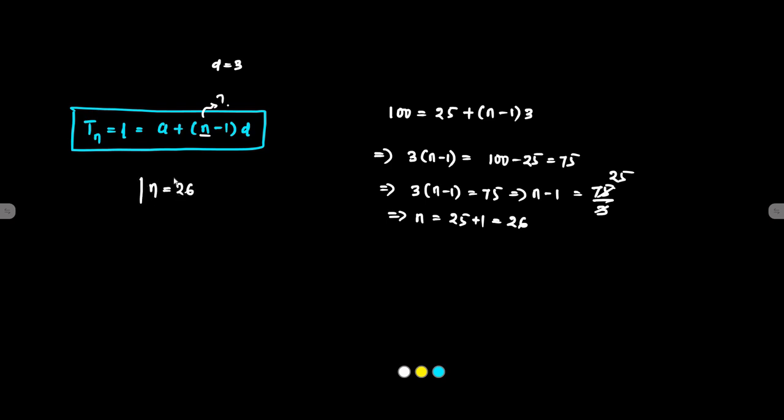So we have the number of terms present, which is 26. We have the first term, which is 25, and we have the last term, which is 100.